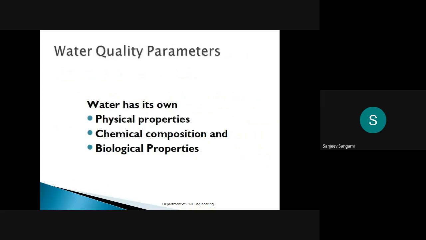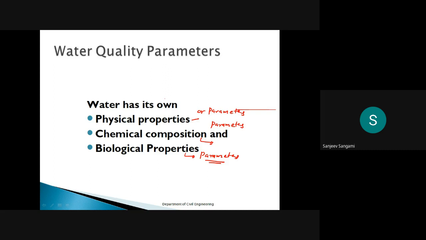So let's go into detail on the water quality parameters, that is physical properties or physical parameters, then chemical composition or chemical parameters, then biological properties or biological parameters.